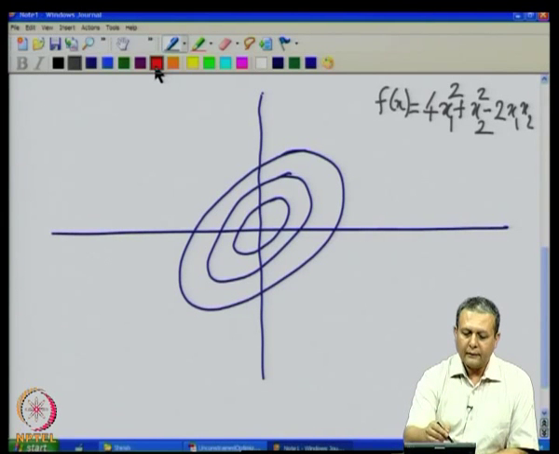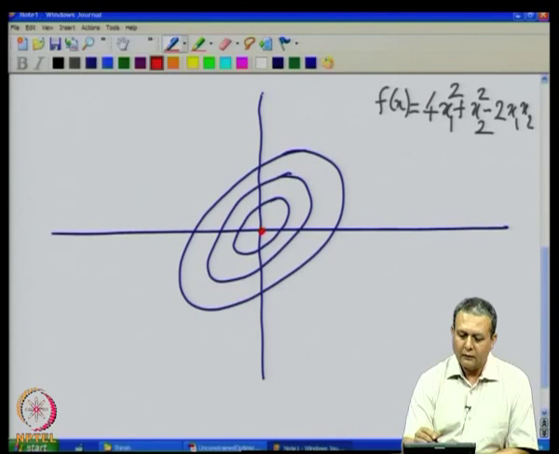Now, we know that this is going to be x star.